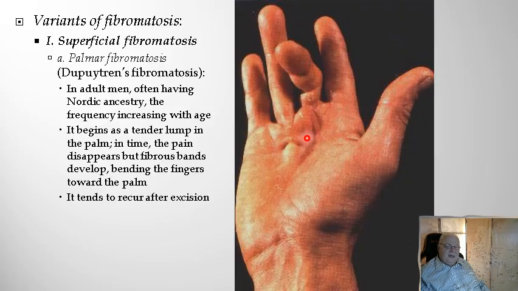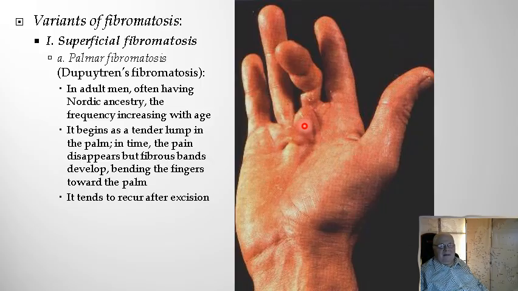This nodule with infiltration is affecting the tendinous part of the hand, and by this it's generating retractions of the fingers which are handicapping the person and are definitive.